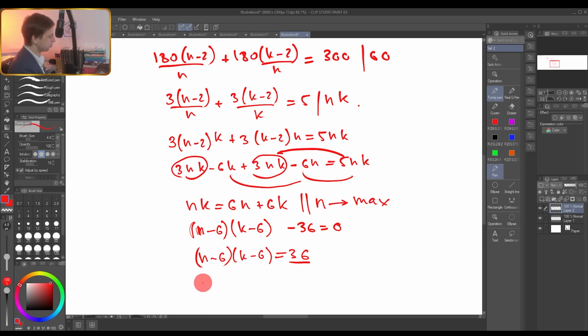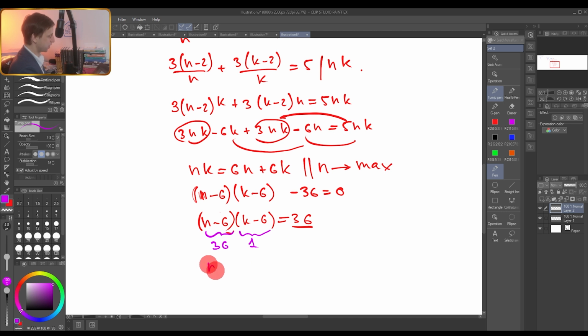You are interested in making n as large as possible. Therefore, this factor n minus 6 should be maximal. What is the value of this maximum factor? Obviously, this one should be exactly 36, and the other factor should be exactly 1.